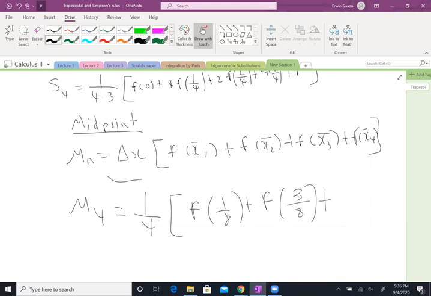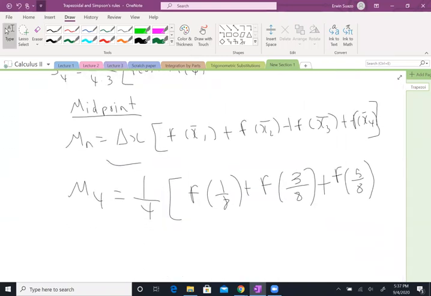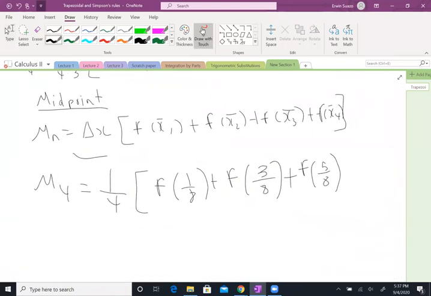Then the other middle point is 5/8, and finally the last one is 7/8. So I just need to evaluate at 1/8, 3/8, 5/8, and 7/8, and multiply by 1/4.